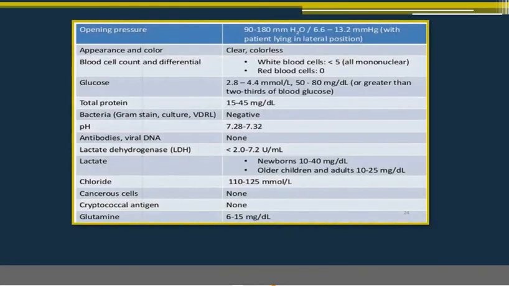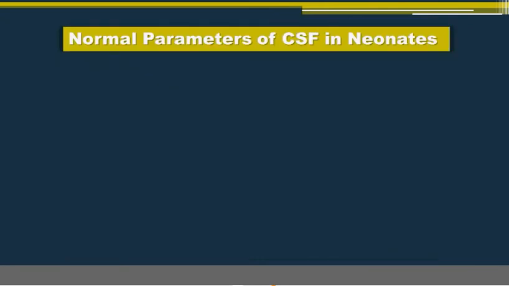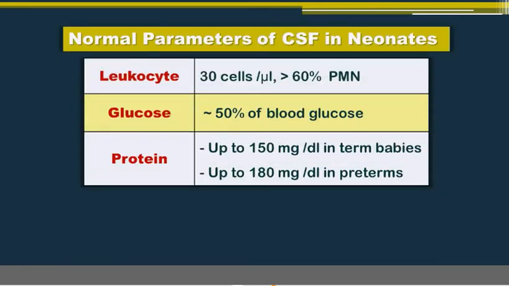You see here, this is a normal finding of the CSF analysis outside of the neonatal period. But specifically, the parameters of the CSF in neonates are changed. The leukocytes may be up to 30, and more than 60% of them polymorph neutrophils. The glucose is about 50% of blood glucose, so we should do the blood glucose at the time of doing CSF.